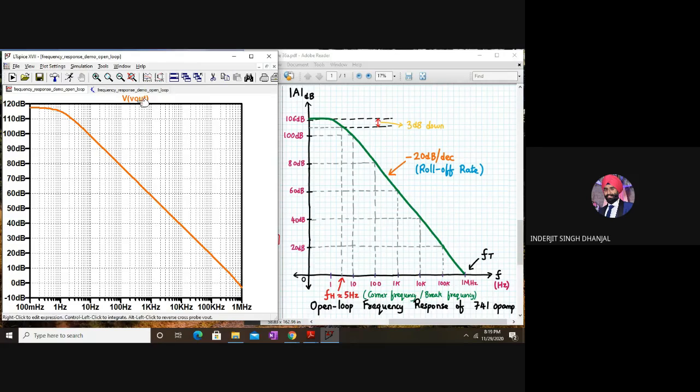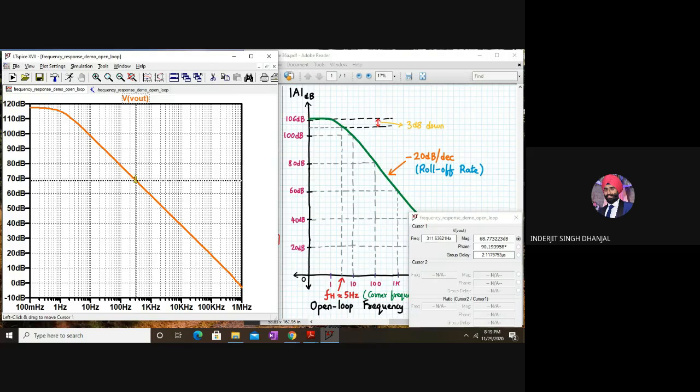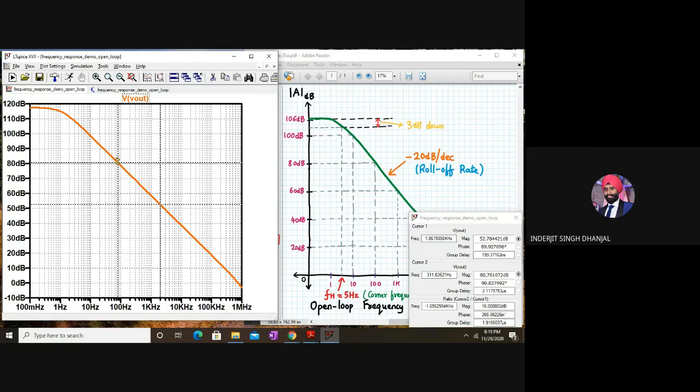Let's check that. I'll take one cursor over here, and another cursor over here. Now let's check a one decade change in frequency. Let's take it at around 100 hertz, and now let's check at 1 kilohertz.